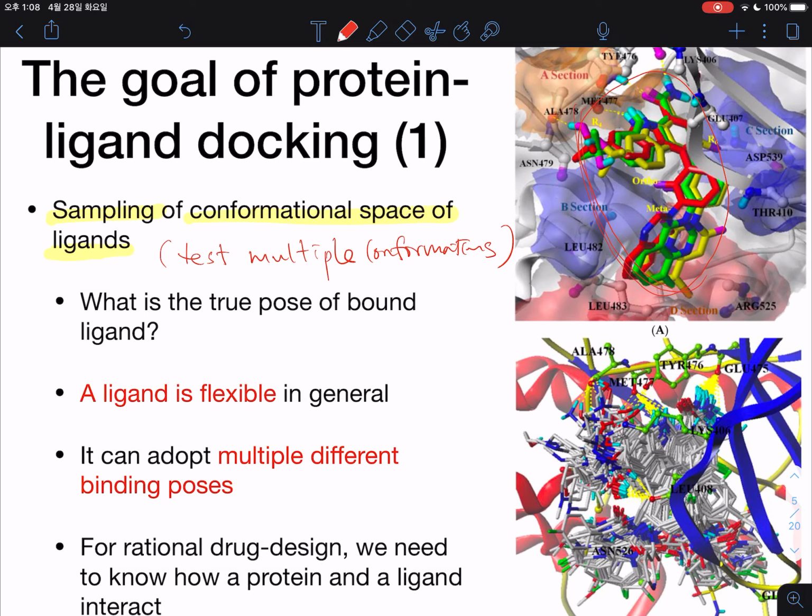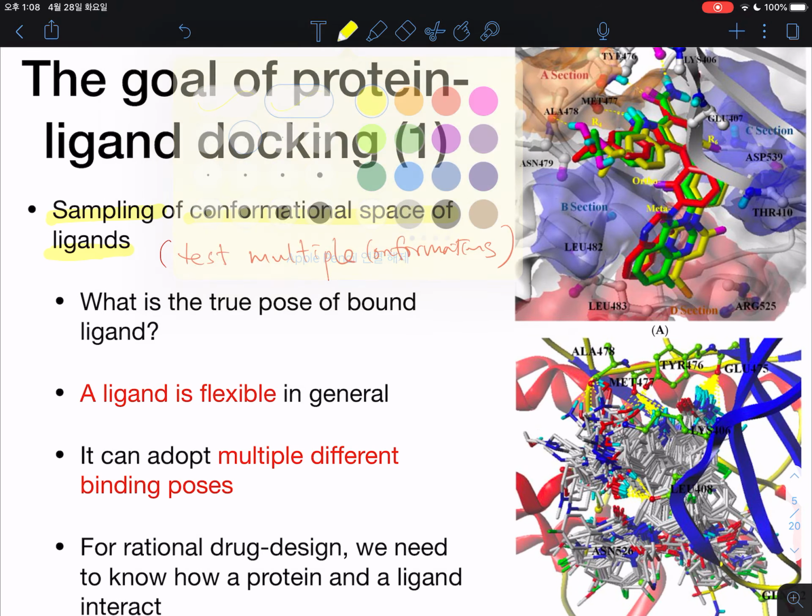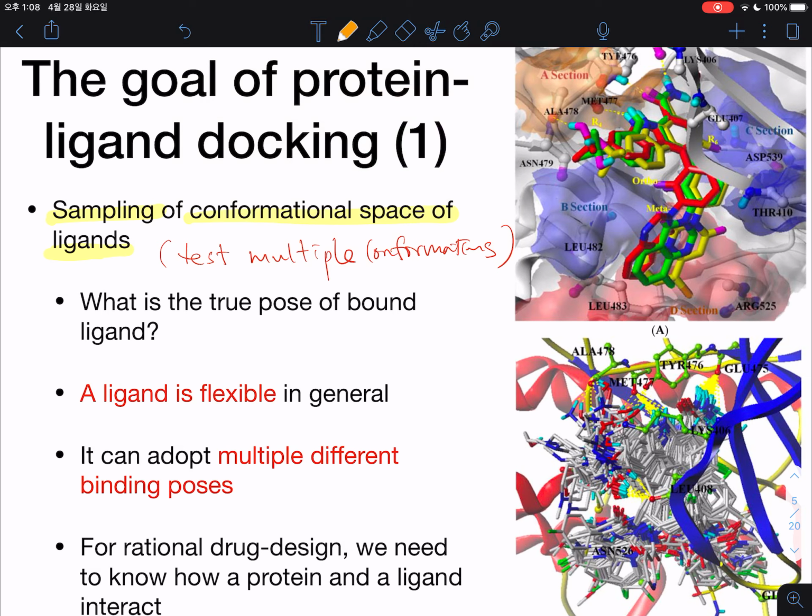Here the yellow, green, and red correspond to different conformations of a ligand. One ligand can have multiple conformations, which means it can bind with a protein in different ways. Why is it so?